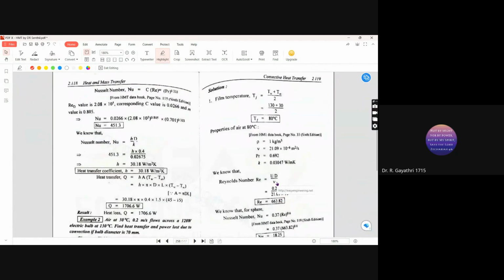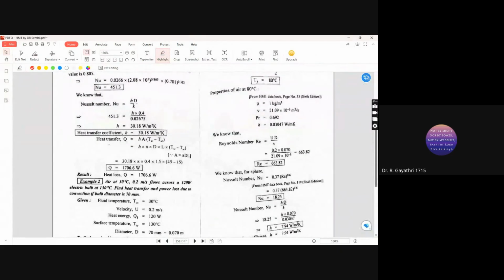Kinematic viscosity from the data book properties table of air at atmospheric pressure is 21.09 into 10 power minus 6. Here U value is given, diameter is also given. Kinematic viscosity can be found from the data book at the film temperature of 80 degrees centigrade. So you can find the Reynolds number value.